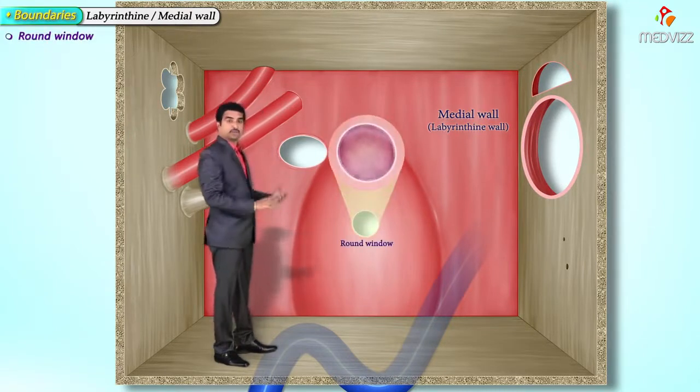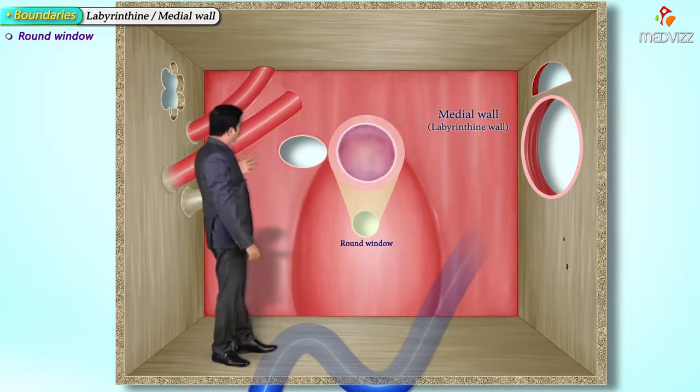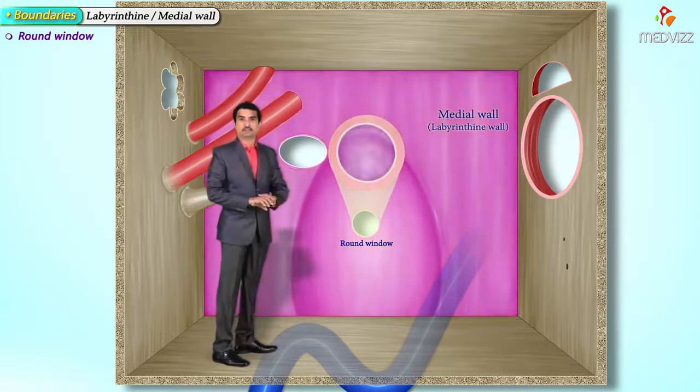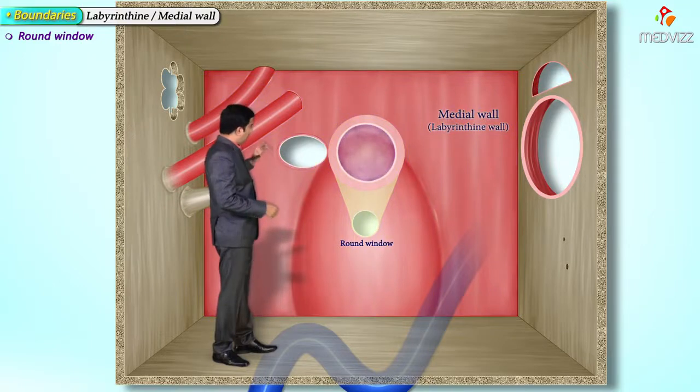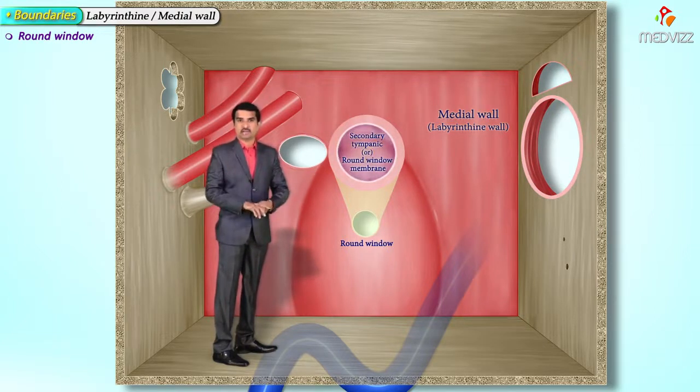First, let's discuss the round window. We can see the structure, right? The round window is one of the two openings seen on the medial wall of the middle ear. It is the part separating the middle ear from the inner ear, and it is sealed by a secondary tympanic membrane, also called the round window membrane.